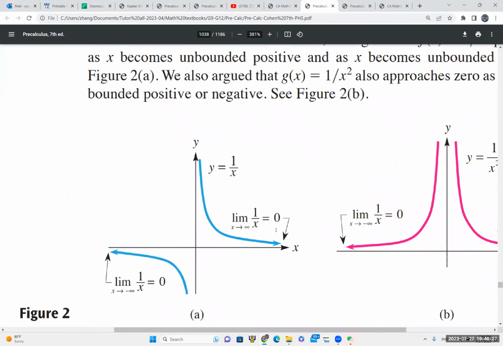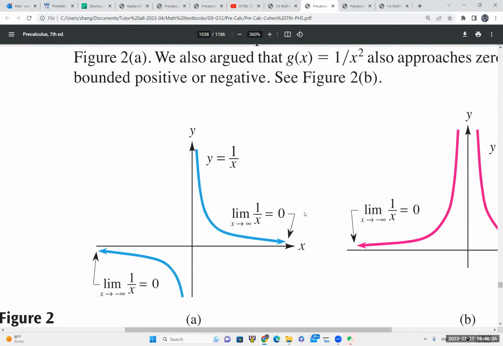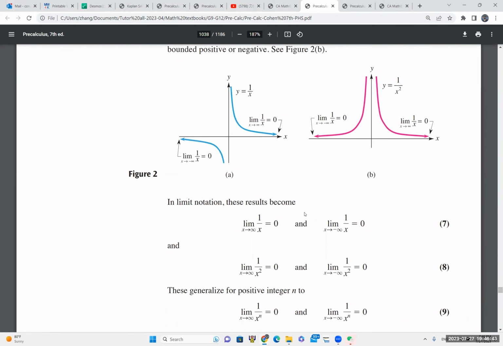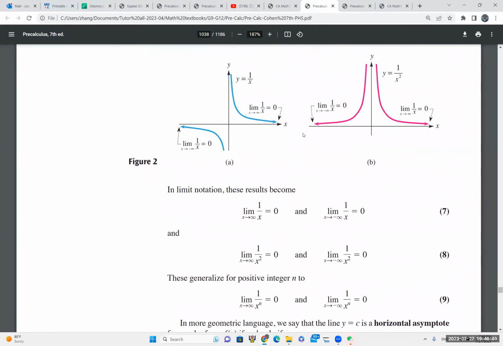So see here, when x approaches infinity, then 1 over x approaches 0. We want to build this kind of concept. Then we call the x-axis a horizontal asymptote for this function.